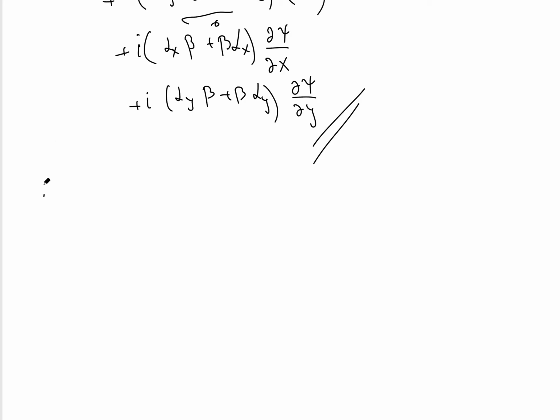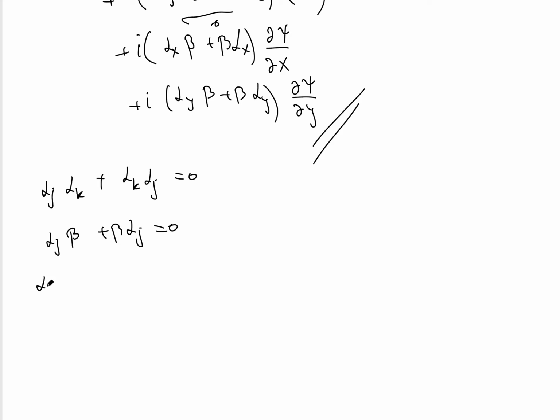The first thing is that alpha j alpha k plus alpha k alpha j should be equal to 0. But also alpha j beta plus beta alpha j should be equal to 0.